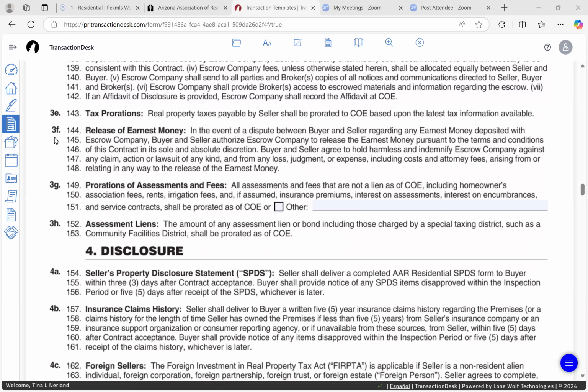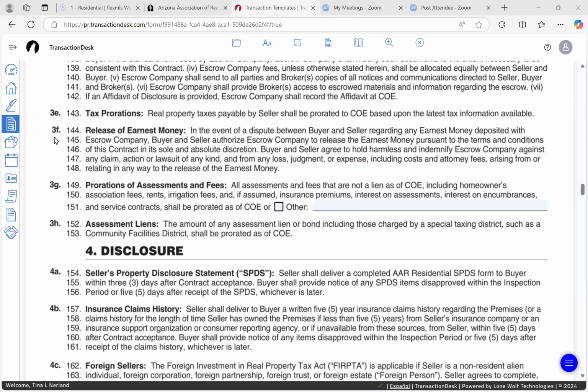Buyer and seller agree to hold harmless and indemnify escrow company against any claim, action, or lawsuit of any kind and from any loss, judgment, or expense, including costs and attorney fees, arising from or relating in any way to the release of the earnest money.